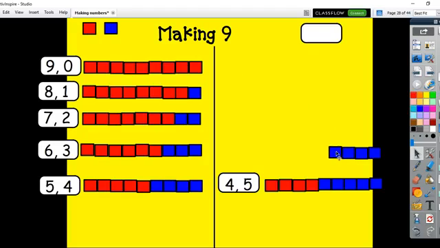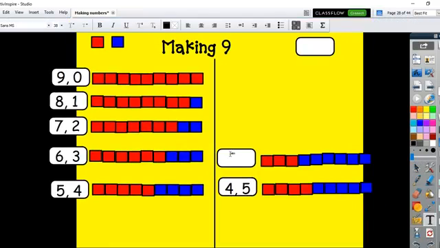I'm so glad you are. You just keep on being awesome. So we have our 6 blue, and that leaves me with 3 reds. So I'm going to bring those down. And then that will be our number bond or number pair for this way to make 9. So 6 blue and 3 red.